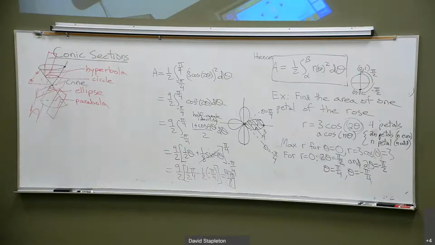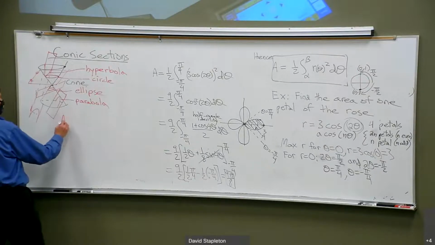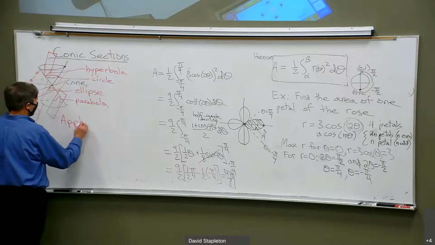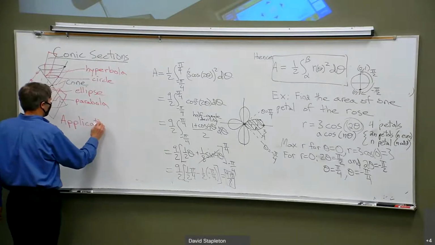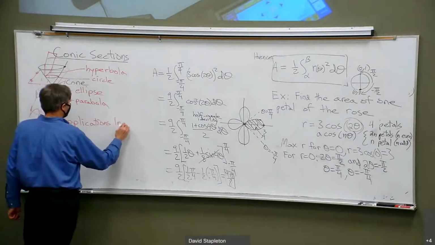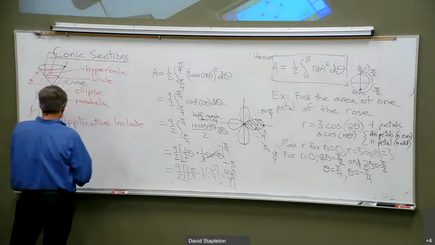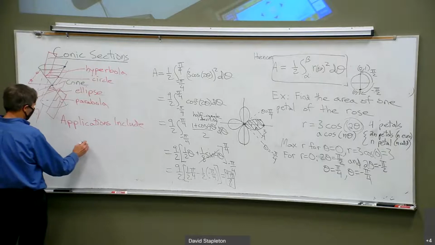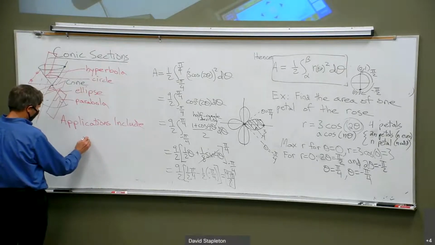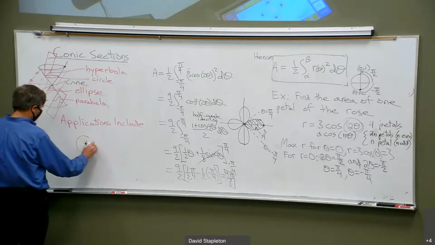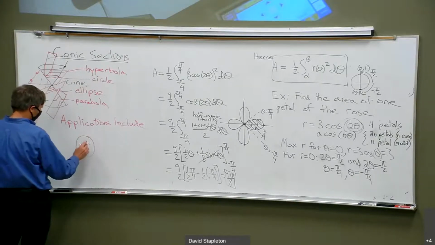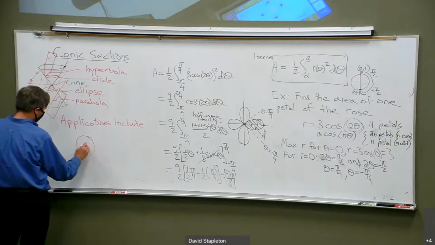So applications, for instance, include orbits. If you put the sun here, you can have an object go around in a perfect circle. That works with the sun at the center.